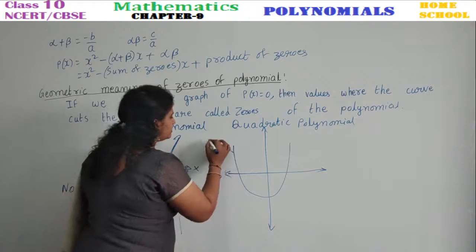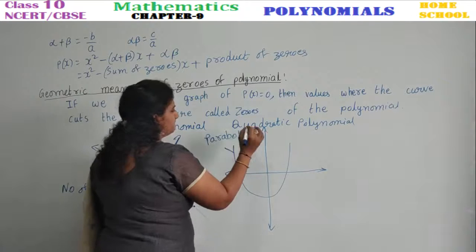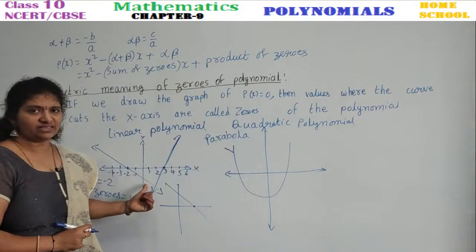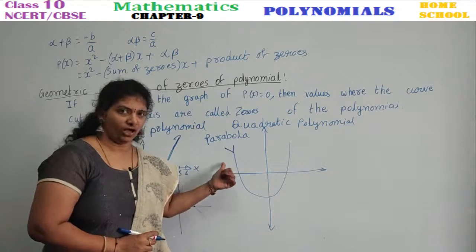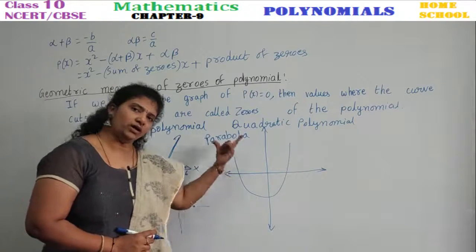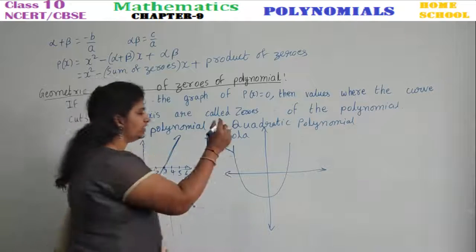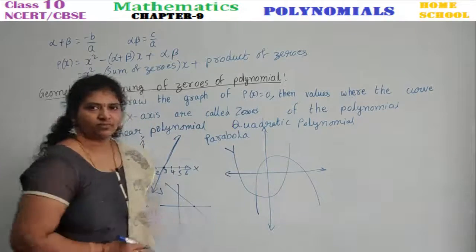What is this shape, children? Parabola. A linear equation will be a straight line. A quadratic polynomial will be a parabola. And your parabola may be either upward or downward. Downward means how it will be? Like this.